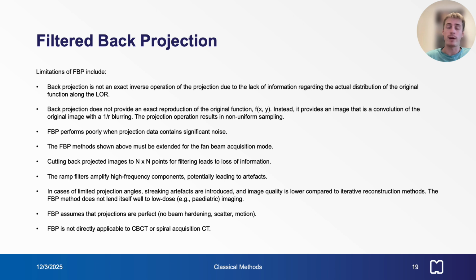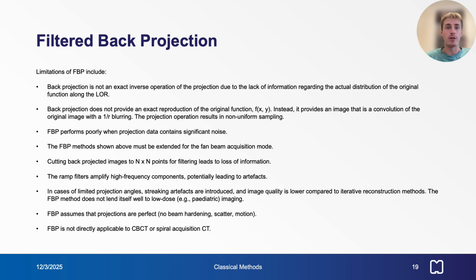The filtered back projection methods must also be extended for a fan beam acquisition. The ramp filters amplify high-frequency components, potentially leading to artifacts, and in the case of limited projection angles, streaking artifacts are introduced, and image quality can be lower compared to other reconstruction methods.